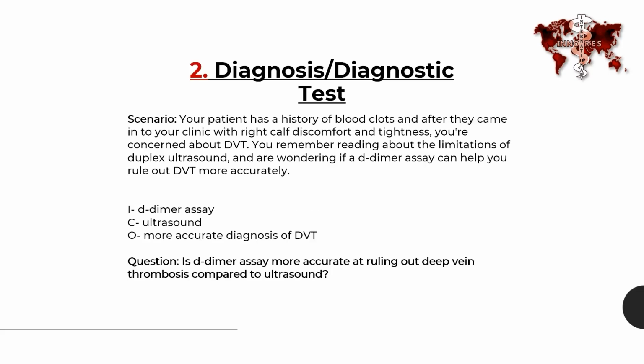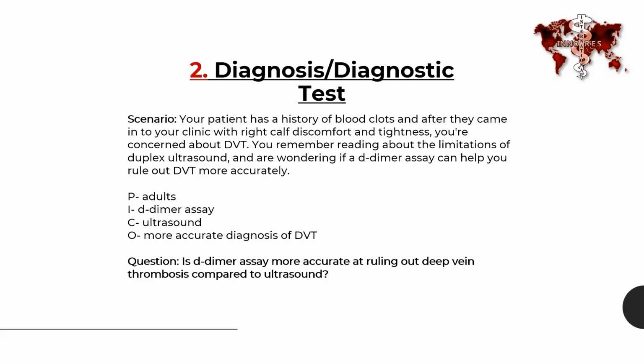The second scenario is for diagnosis or diagnostic tests. We have a patient with a history of blood clots who comes into the clinic with right calf discomfort and tightness, and you are concerned about deep vein thrombosis. You remember reading about the limitations of duplex ultrasound and are wondering if a D-dimer assay can help you rule out DVT more accurately.